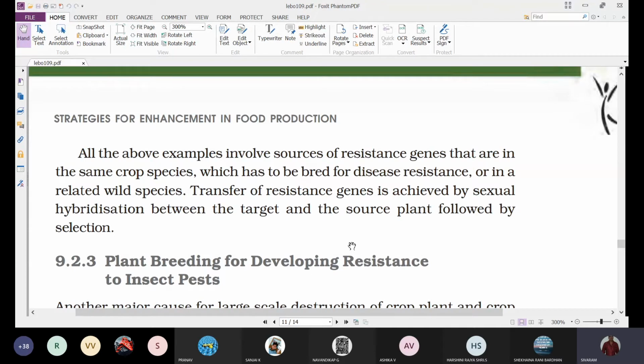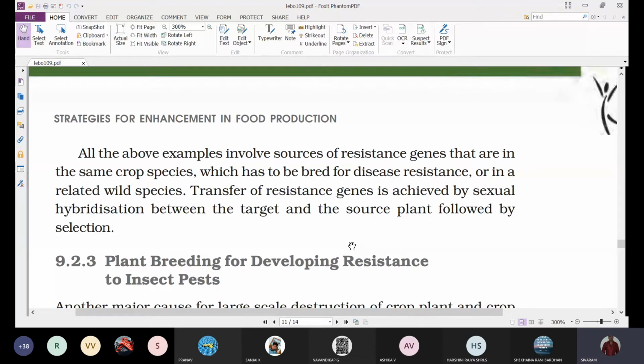If you find disease resistance in any relative wild species, then we undergo cross hybridization, or sexual hybridization, with the target, that is, the variety into which we want to introduce the gene, and the source plant, in which the gene is present.